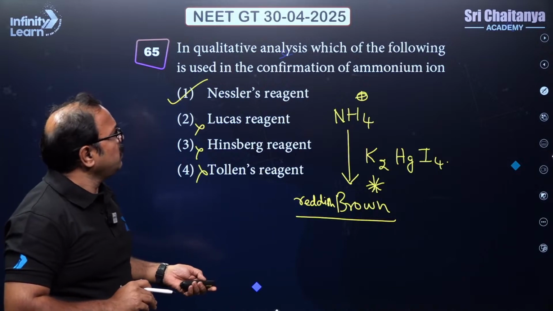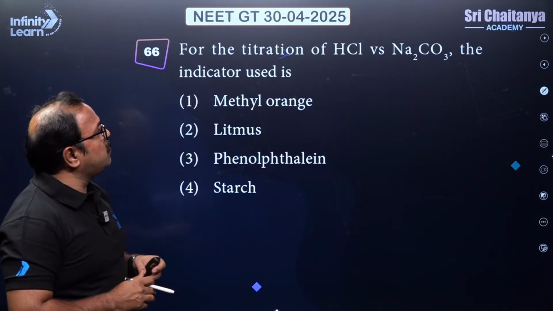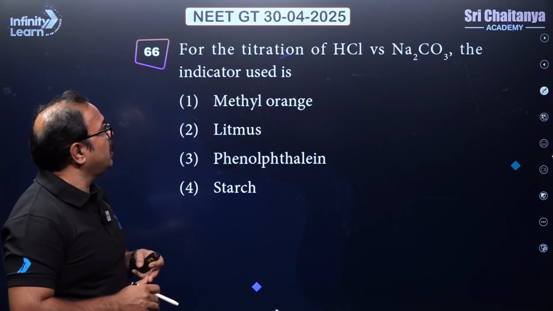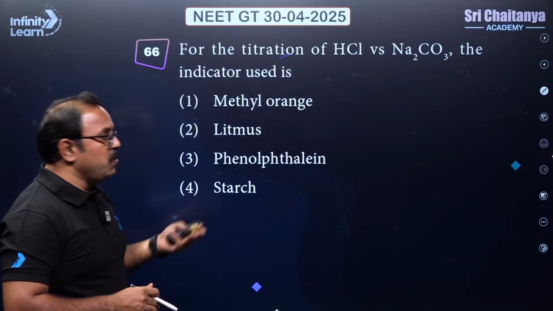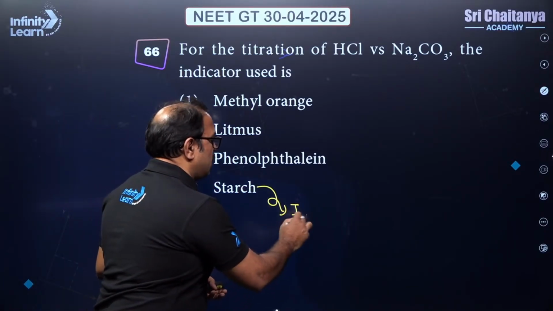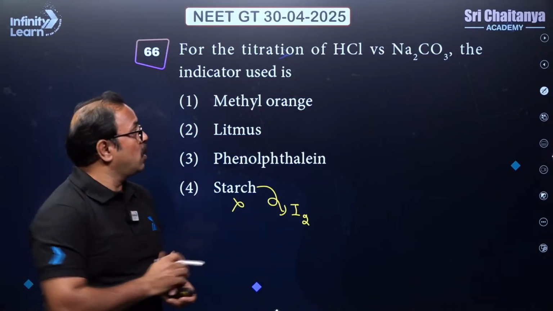Now next one, for the titration of HCl versus a weak component, that is sodium carbonate, the indicator used is. Now we know that starch is used wherever iodine is involved, so in this case it cannot be. Phenolphthalein is used for stronger bases.